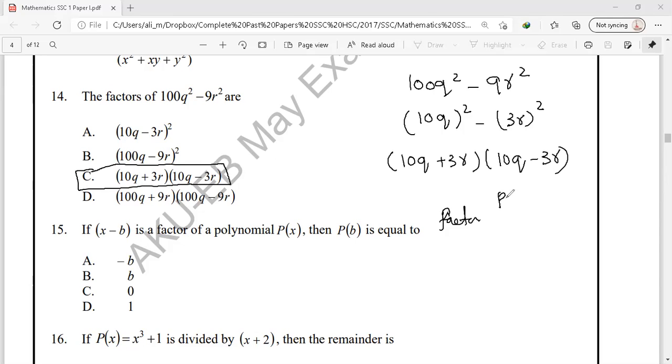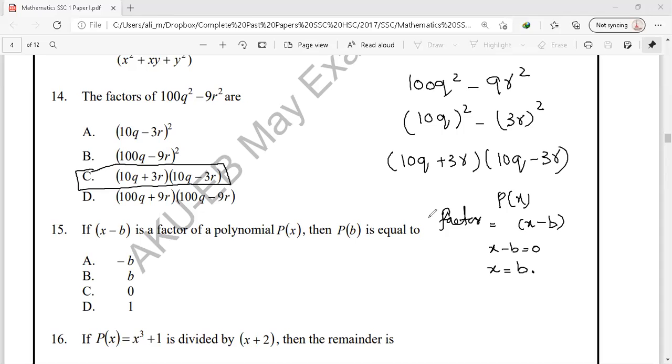We have a polynomial p of x, and one of the factors of this polynomial is x minus b. It means that if we pick out the root of this equation, x minus b would be equal to 0, and x should be equal to b.